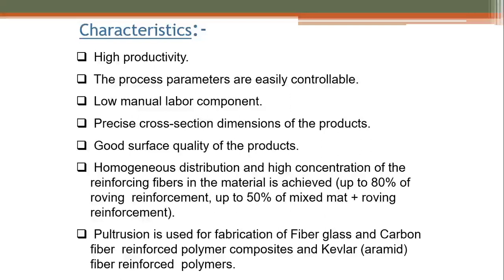It contains low manual labor components. Generally the pultrusion process does not involve any manual labor. All the machines are controlled by the continuous process only. So less manual labor is required.